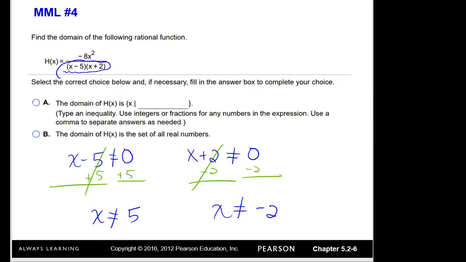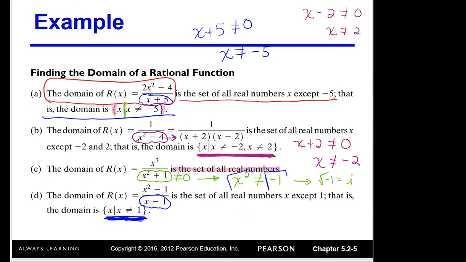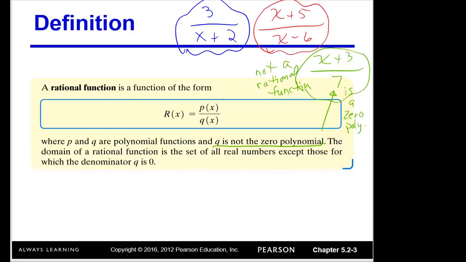Hey, April, would you explain why x plus 3 over 7 is not considered a rational function? Because the denominator, this is q right here, q of x.